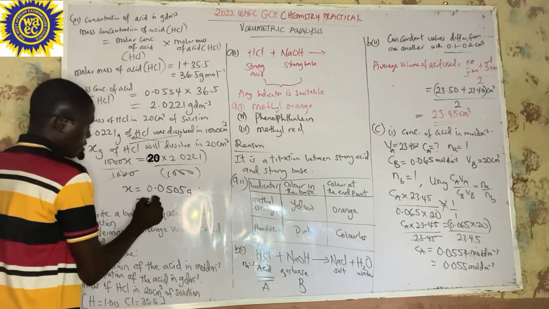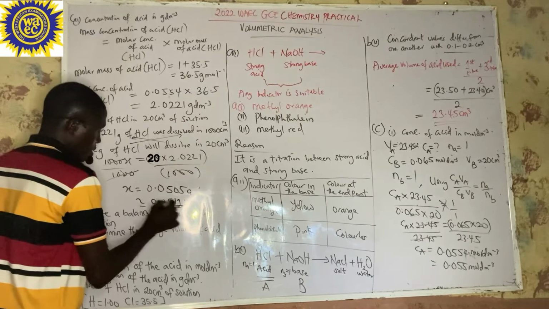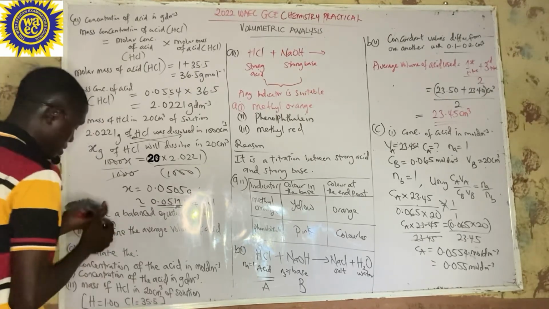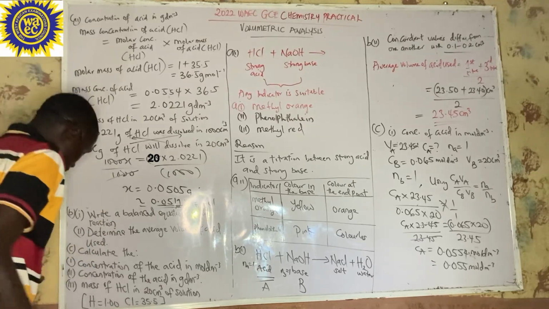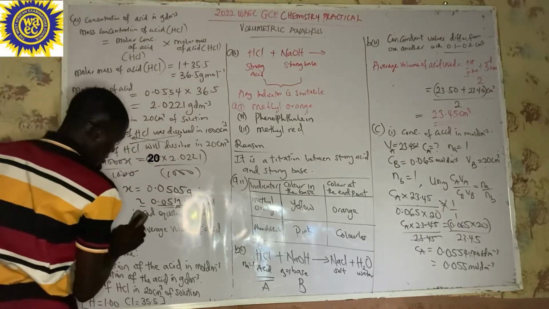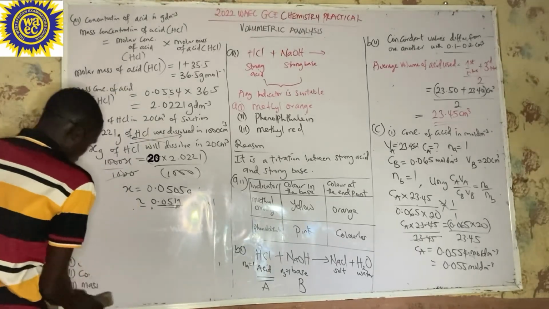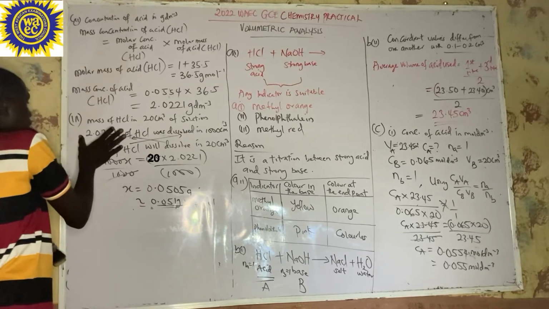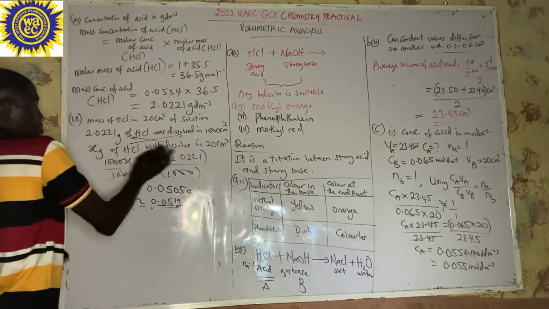Approximately, this is 0.051 gram of HCl will dissolve in the solution of 20 centimeter cube of water, which is the solution. So that's that about that. Let me quickly clean this. As I've said, this gram was dissolved in this, so X gram will dissolve in 20 centimeter cube.